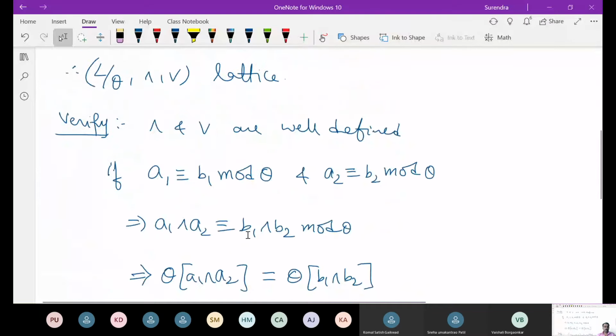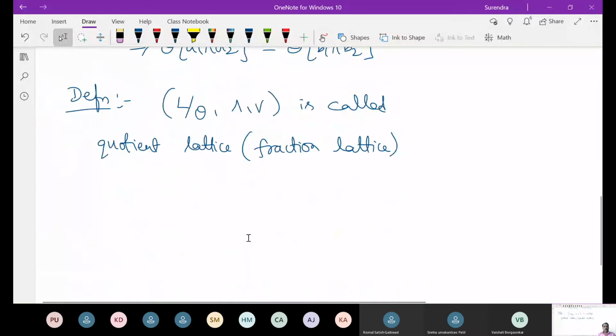Now, what we can observe with this quotient lattice is, if you recall in group theory, if you have G and H is a normal subgroup, then we have G modulo H, similar to L modulo theta here.